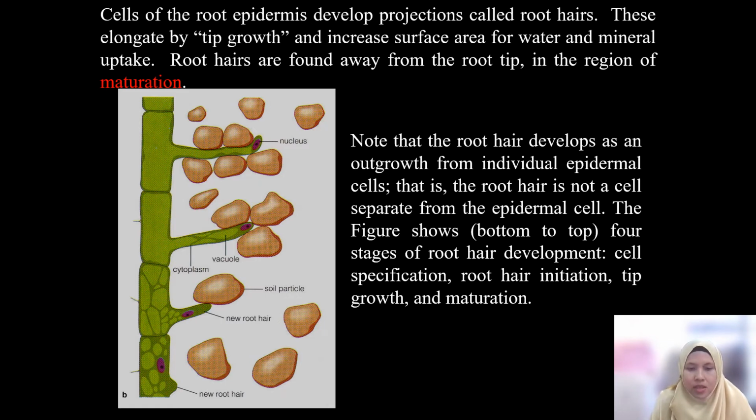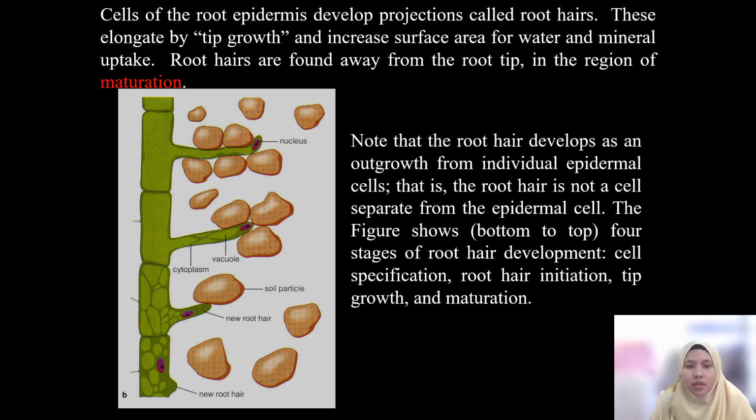Okay, so once the cell is being specialized to do the root hair, then it will be initiated, to proceed with the root hair development. Then once it has been initiated, it has been developed, then dia akan ada tip growth. So because the tip tu, remember kan from previous slide, tip growth tu is for protection as well.